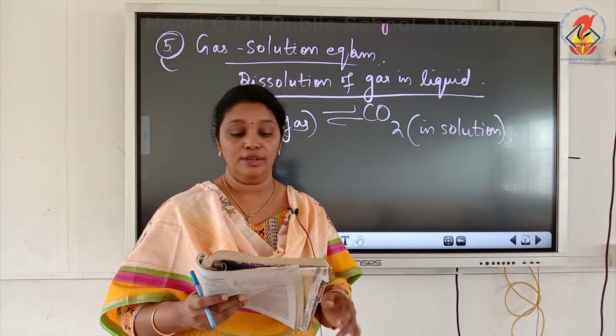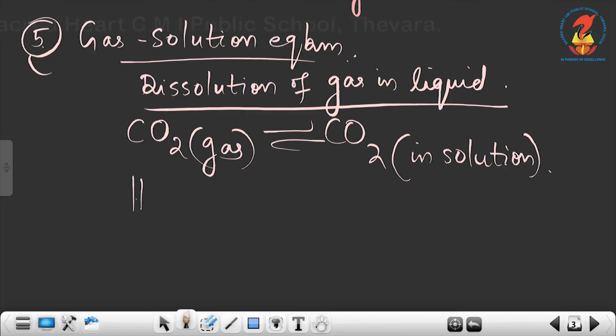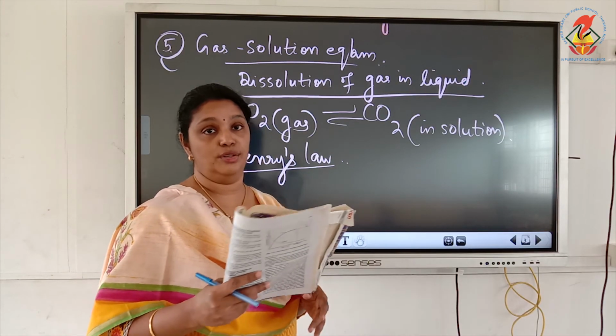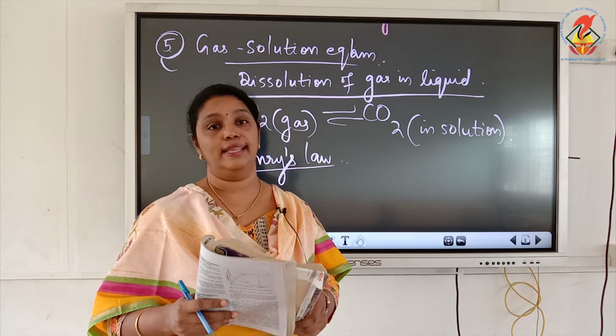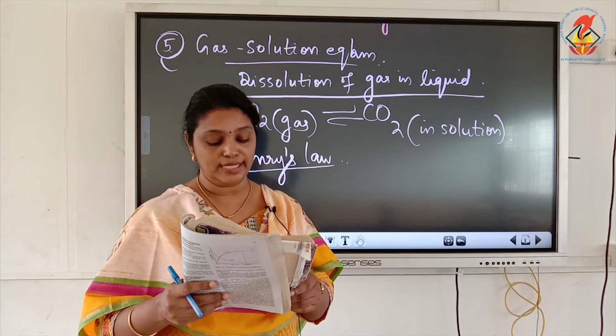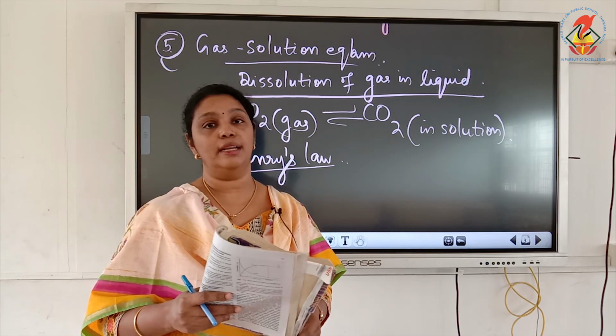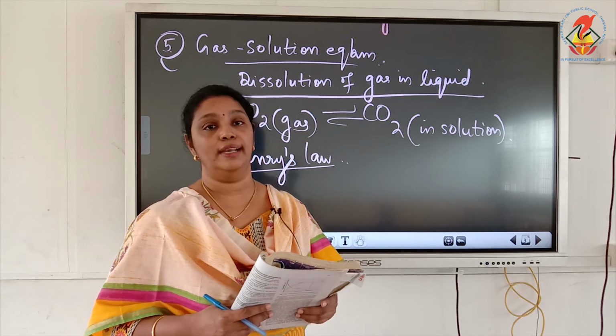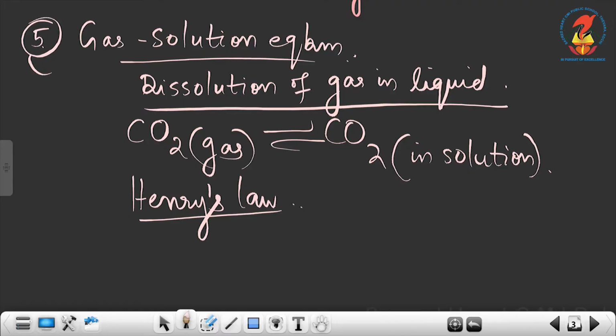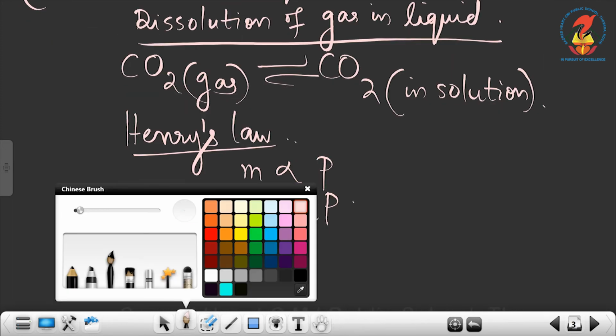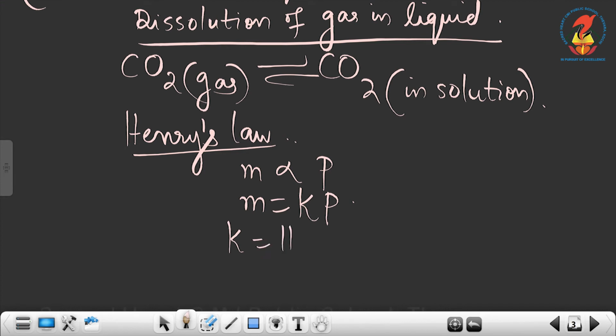Now there is also a law called Henry's law. That equilibrium is governed by Henry's law for gaseous systems, and the law states that the mass of a gas dissolved in a given mass of solvent at any temperature is proportional to the pressure of the gas above the solvent, which means mass is directly proportional to pressure, or mass is equal to K into P, where K is called Henry's law constant.